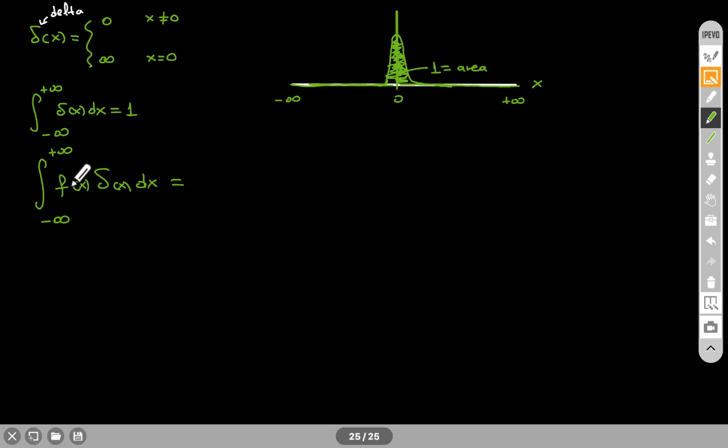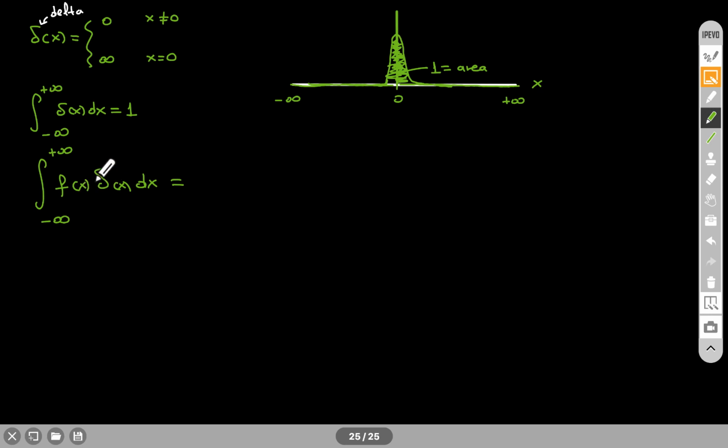If this is 5, if this is 10 over here, it doesn't matter because you're multiplying with a 0. If your function f is 1 or 2 or 3 or 5, 10 to the 6 over here, it doesn't matter because you're multiplying it with a 0.